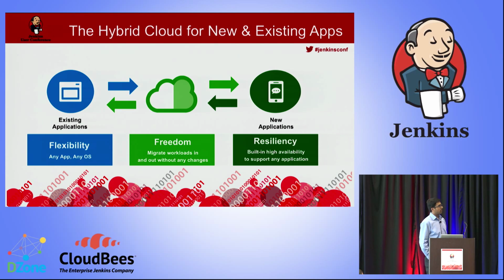So here is an overview of what it means for existing applications, which means support for the wide variety of operating systems out there, with the flexibility of any app, any OS, anywhere we need, on demand.